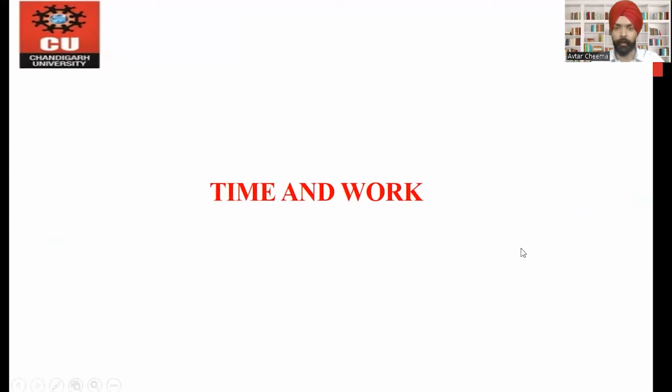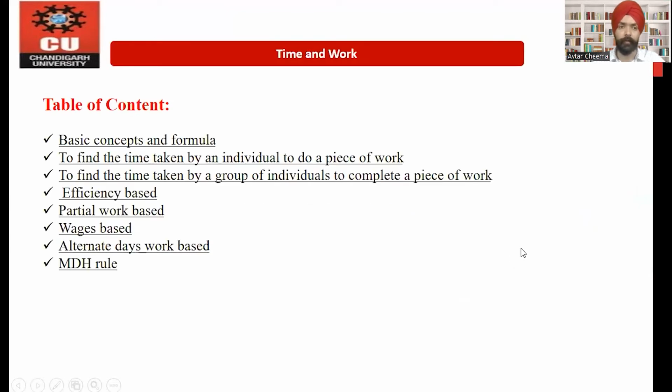In this topic, first we are going to learn the basic concept and the formulas, then time taken by a particular person to do a piece of work. After that, we are going to find the time taken by a group when more than one person is working together, maybe 2 or 3 people.